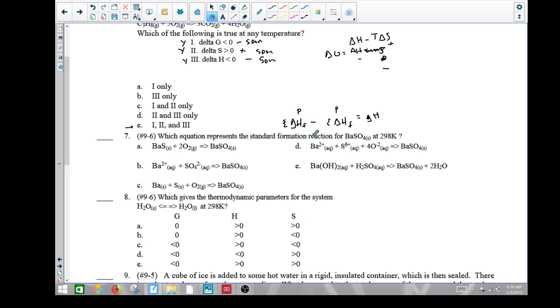Which of these is the standard formation of barium sulfate from elements? We have to have some idea of the elemental form of these things that someone just designated. In this case, that's a solubility thing. This is it right there. These are the standard forms. If you look on your delta H formation tables, you'll get 0 on all of these.